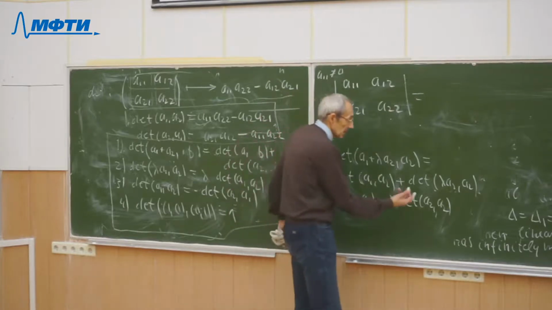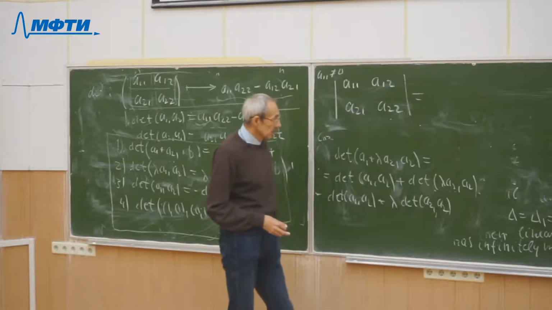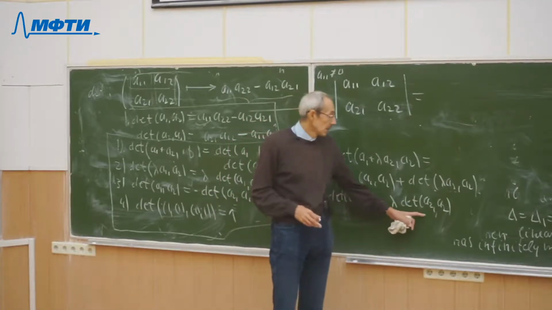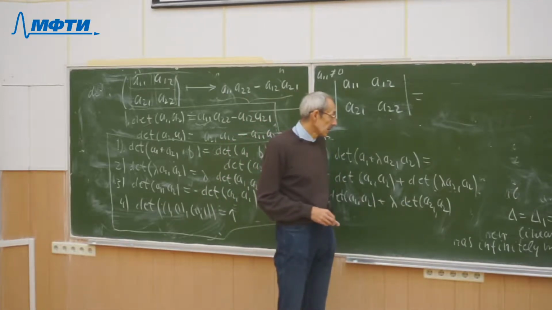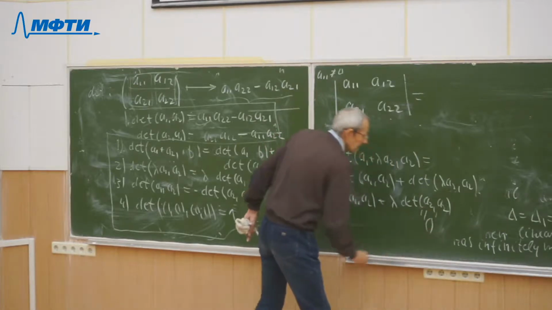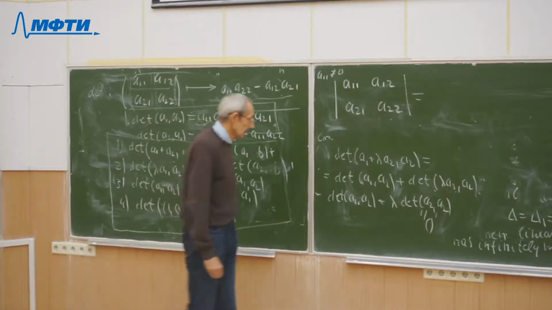The permutation of these rows changes the sign, but on the other side the expression is not changed, and it means that this determinant is equal to 0.